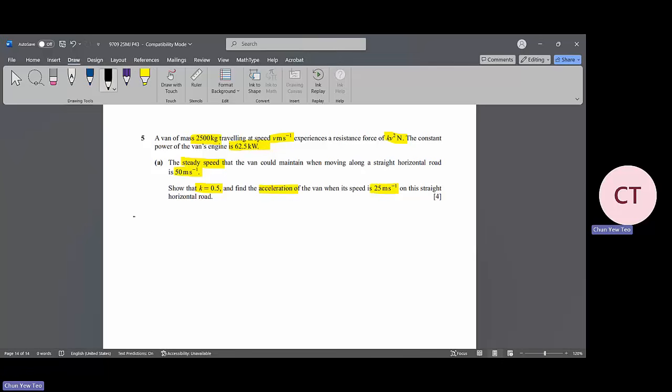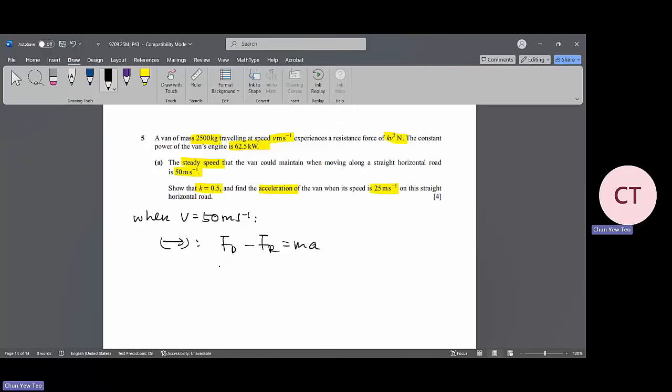So we just need to mention that when v is equal to 50 meters per second, resolving horizontally, the driving force minus the resistance force is equal to ma.